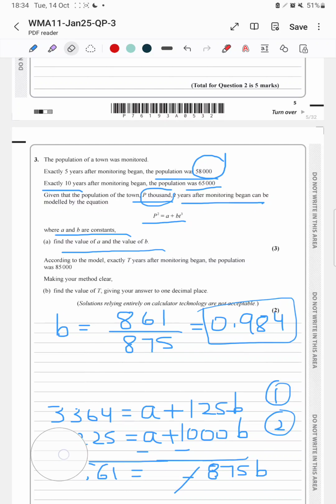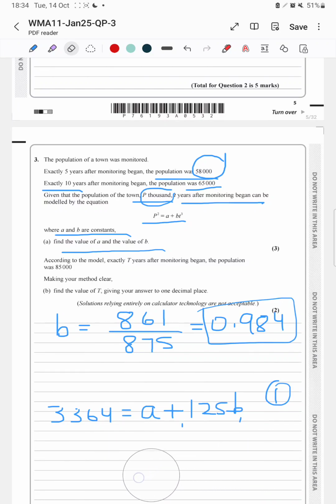Then we have the second part of the question, we have to find A also. So to find A, what I can do, I will just keep A on one side, and this is equal to 3364 minus 125 times 0.984. So this is what we need to do, and let me calculate this value. It is going to be 0.984 times 125.